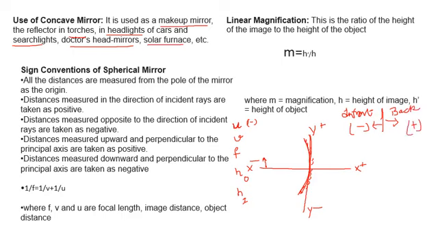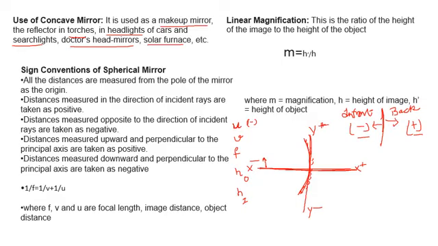All the parameters that fall behind the mirror are considered positive. All the parameters that fall in front of mirror are considered negative. On the top of the principal axis it is considered positive, as you can say y is positive, and down it is negative.